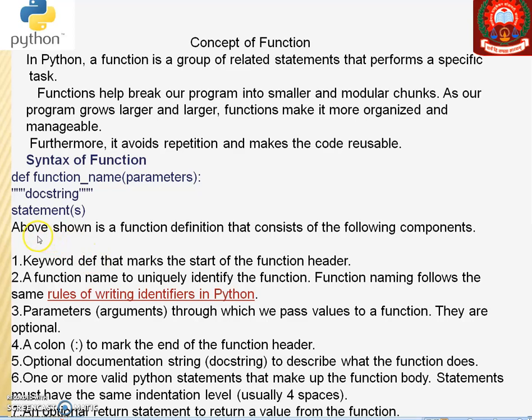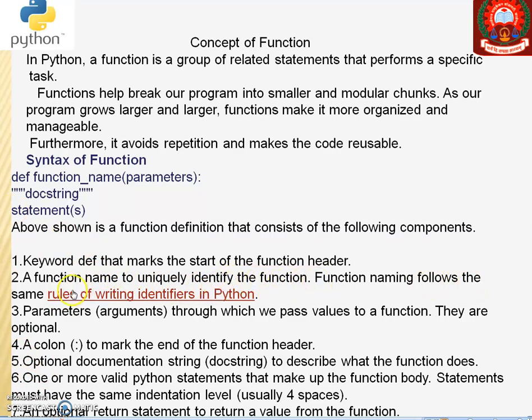What exactly is the functionality shown above? The function definition consists of the following components. First is the keyword def that marks the start of the function. That is def. Are you getting it? D-E-F. For declaring a function, you have to use the keyword def, which you have to remember. Next, the function name to uniquely identify the function.